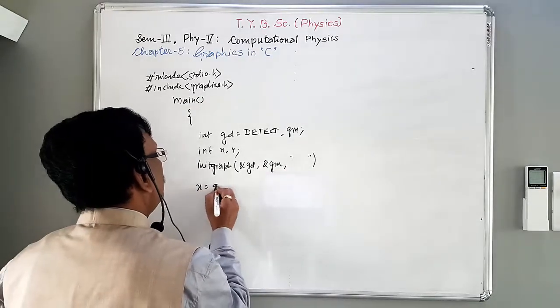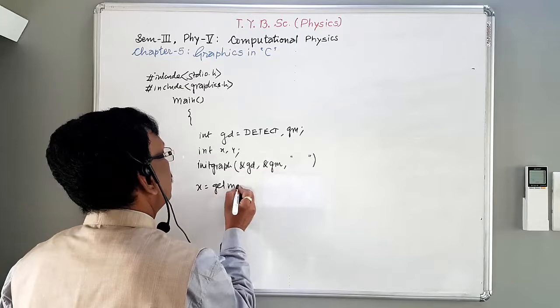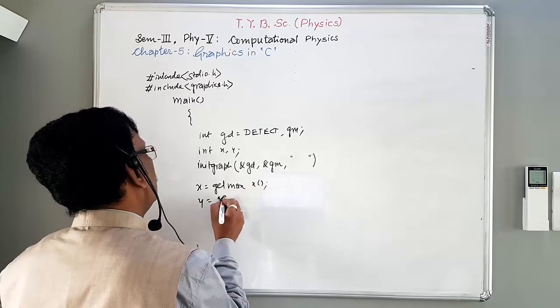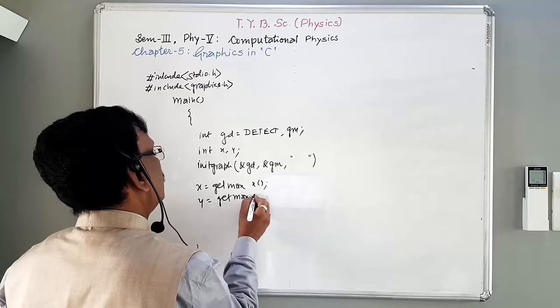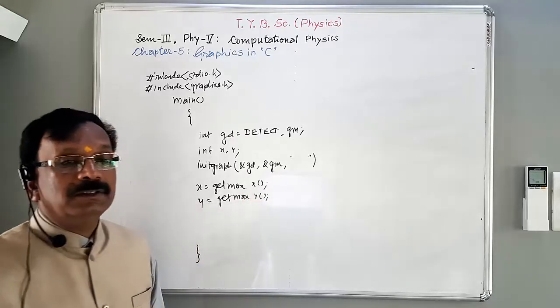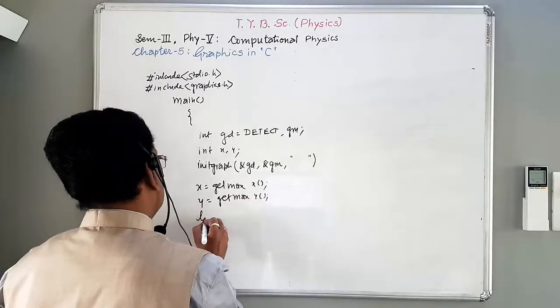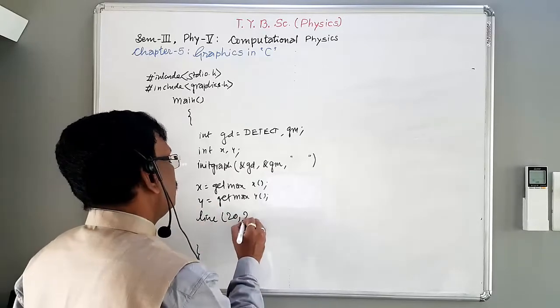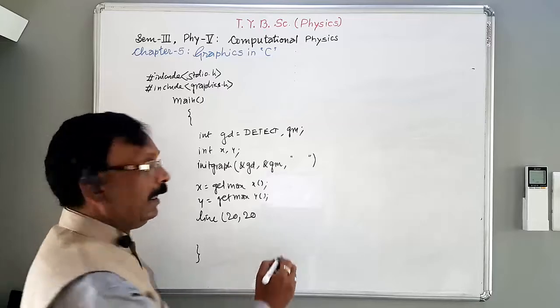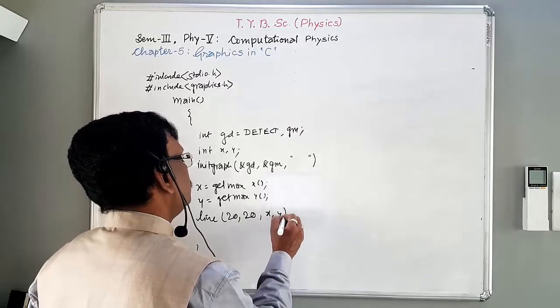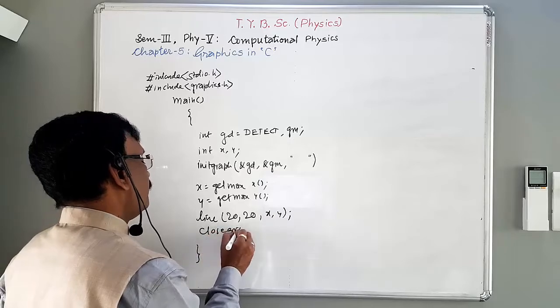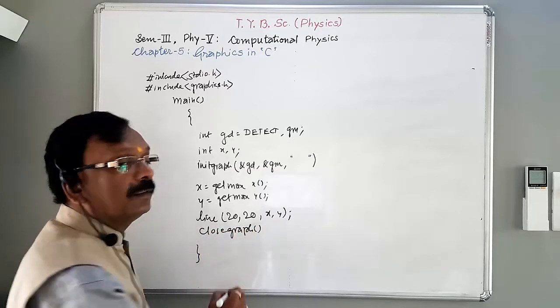Then x is equal to getmaxx, y is equal to getmaxy function, and line 20, again give the next coordinate 20, and x, y variables, and closegraph. Okay.